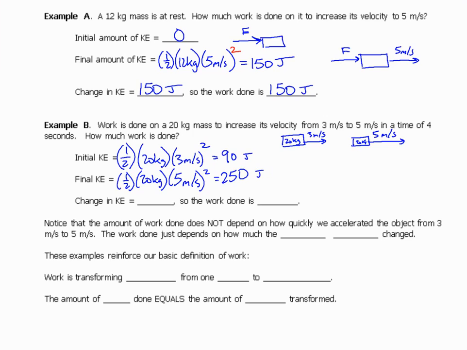Now, if you look over here, a common misconception is that we could say 1/2 times 20 times the quantity of 5 minus 3 squared. 1/2 times 20, and this is 2 squared. 40. But this is wrong.